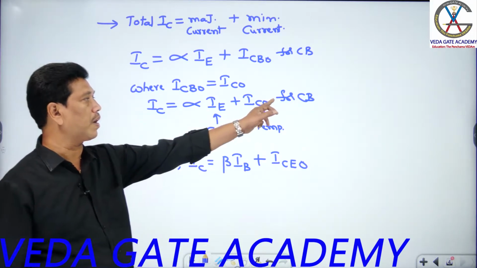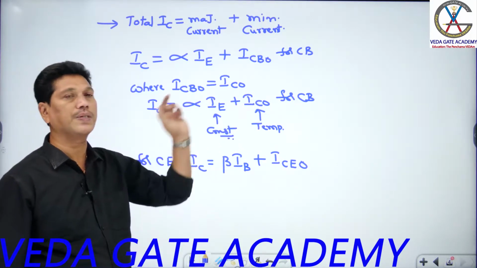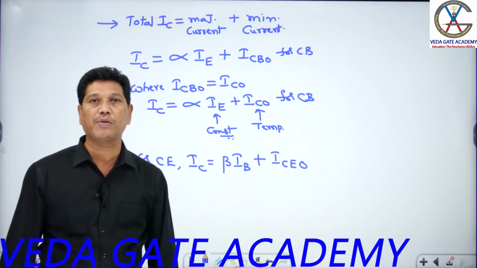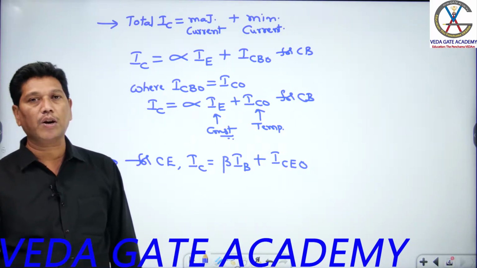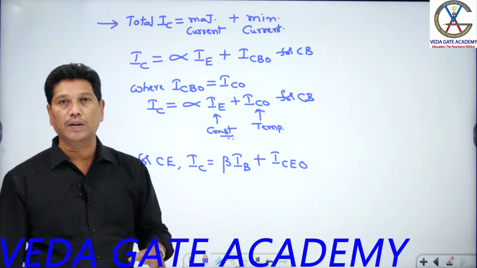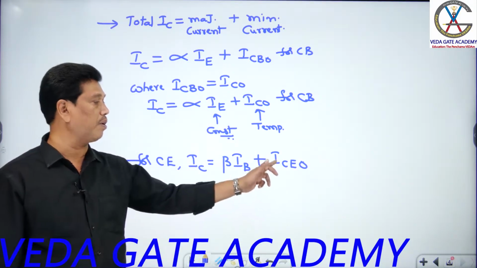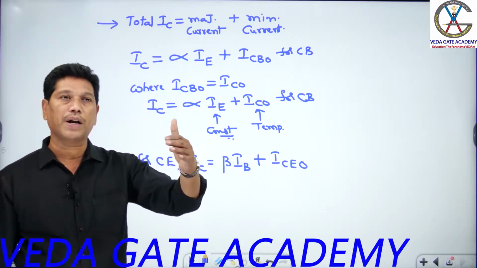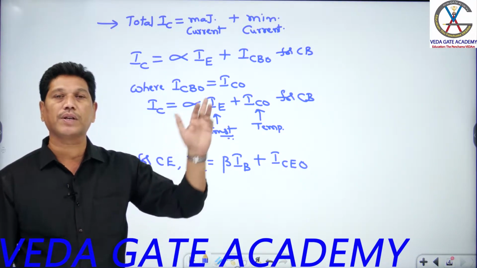You know that the minority current between collector and base is IC naught. But here I need the minority current between collector and emitter, students, not between collector and base. The minority current that travels from collector to base is IC naught.